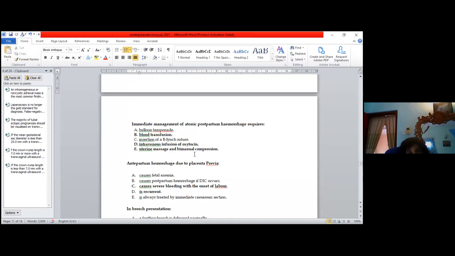Next step is balloon tamponade. Next step is insertion of a bleeding suture. So immediate management doesn't mean balloon tamponade and insertion of a bleeding suture. Then also in immediate management we can give tranexamic acid 1000.